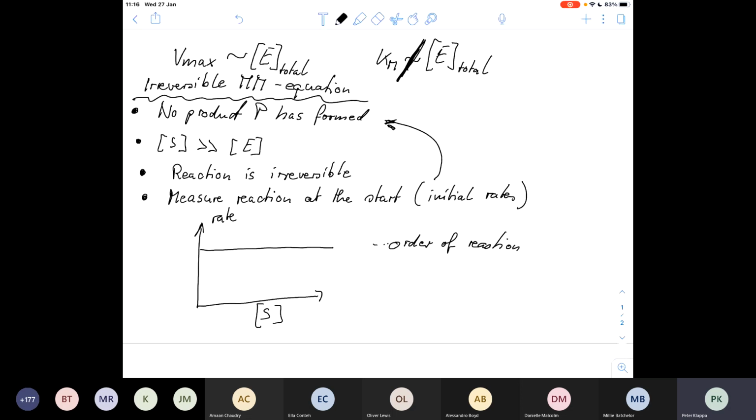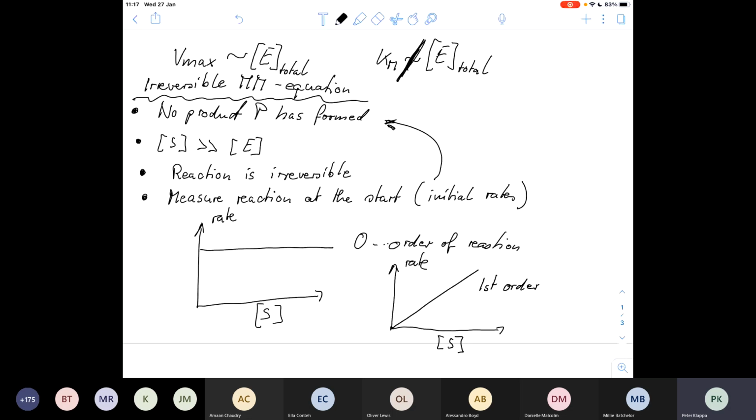You remember? Yep, excellent. That was a zero order reaction. And when we plotted rate against substrate concentration and saw something like this, that was, of course, a first order reaction.